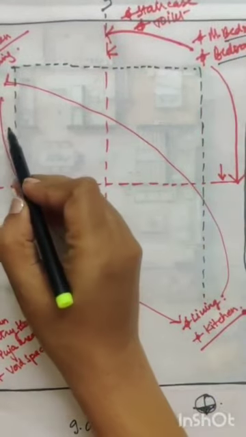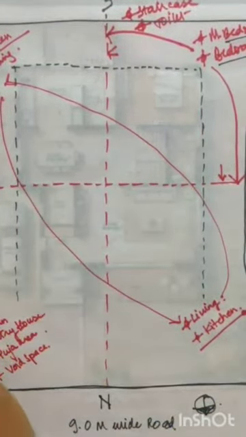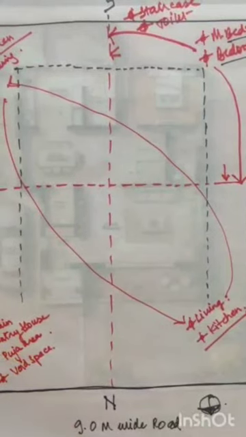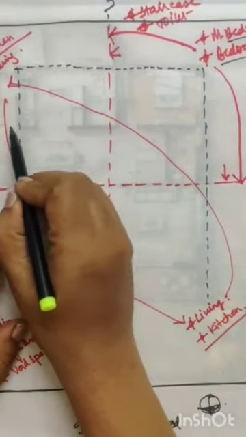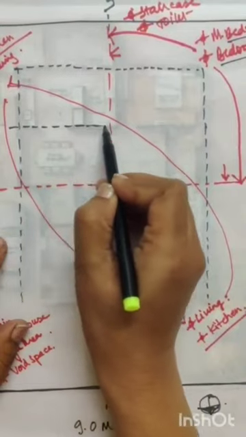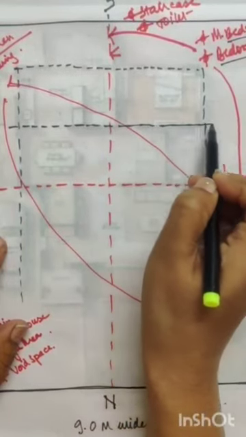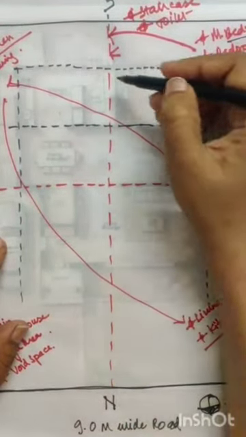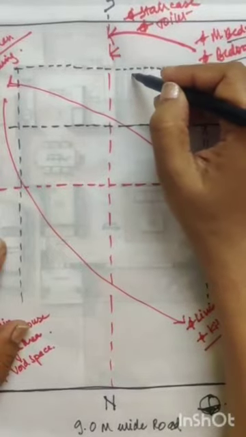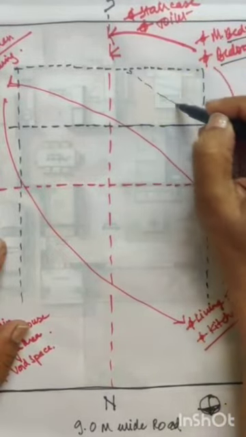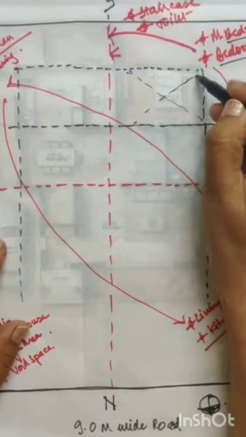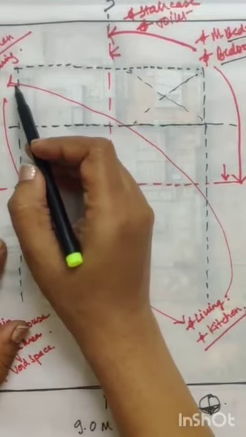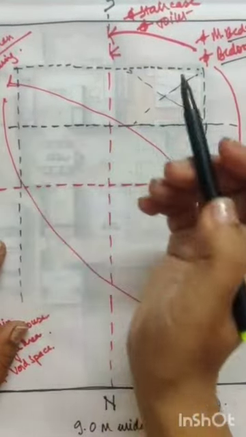So if we mark a line of 10 feet, it comes somewhere here. We are giving this space to the bedroom. Okay.